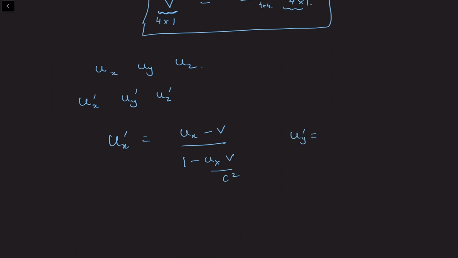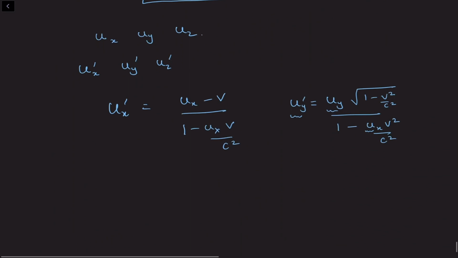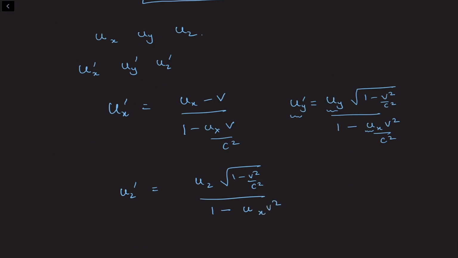Uy prime is equal to uy times the square root of 1 minus v square by c square, over 1 minus ux v by c square. So the rule for uy prime involves not only uy, but it also involves ux. And uz prime was uz times the square root of 1 minus v square by c square, over 1 minus ux v by c square.